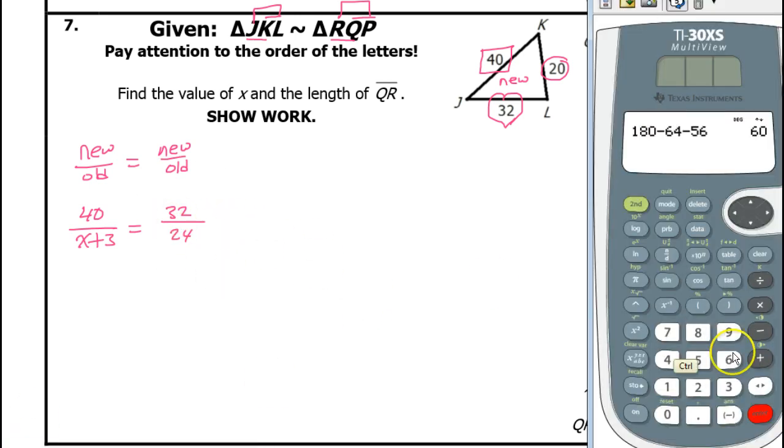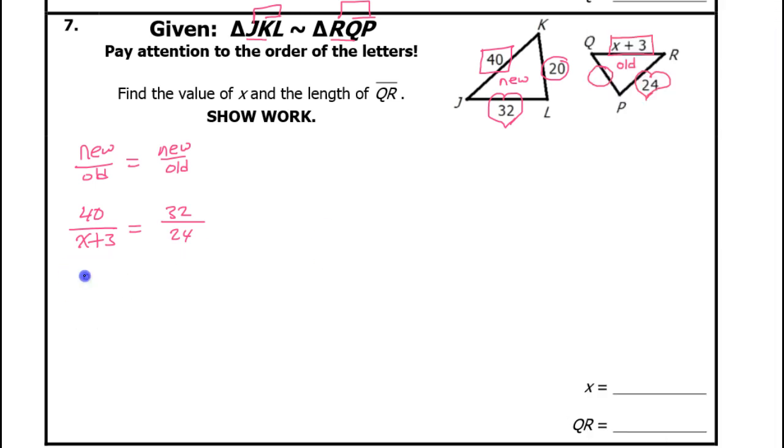I like to reduce these, so I'm going to do 32 over 24. So that's 4 over 3. So I've got 40 over x plus 3 is equal to 4 over 3. So now we will cross multiply.